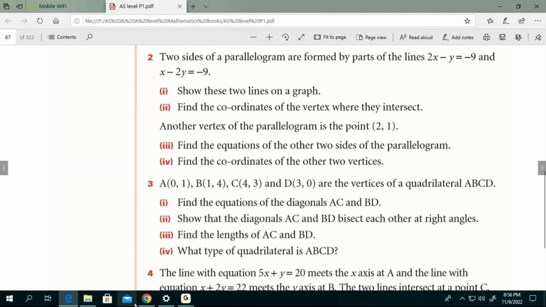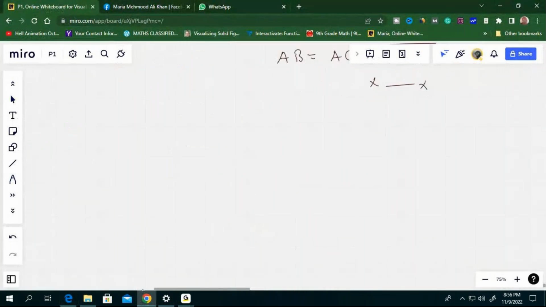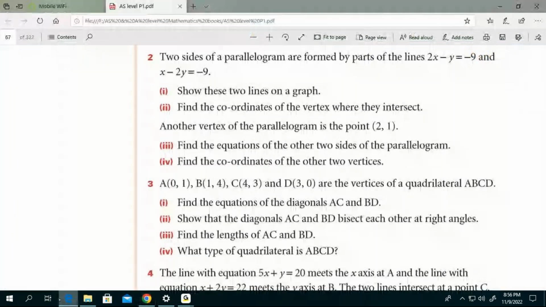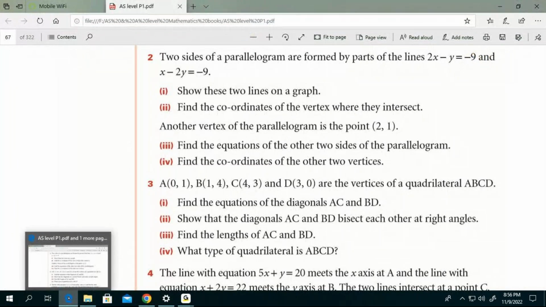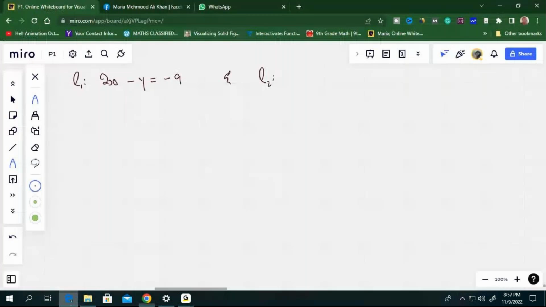So now we go back to the board and try to pick up these two equations. One of the equations is 2x minus y equals minus 9, and my second equation is x minus 2y equals minus 9.